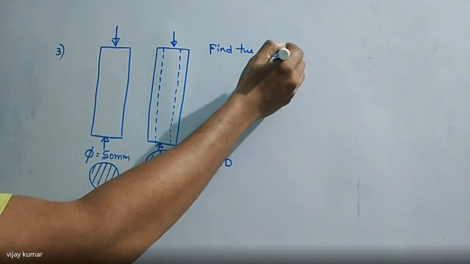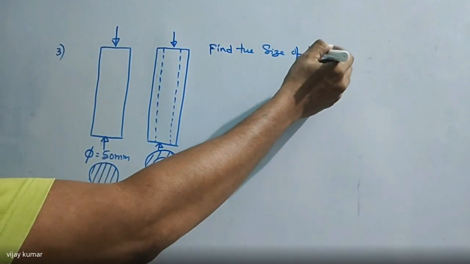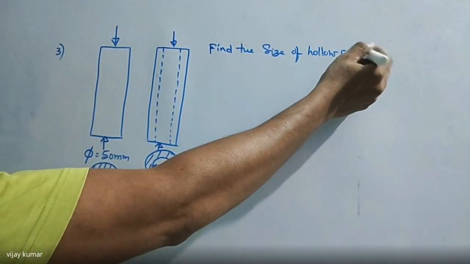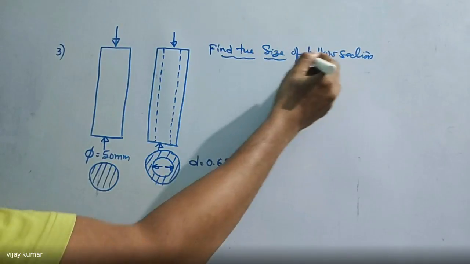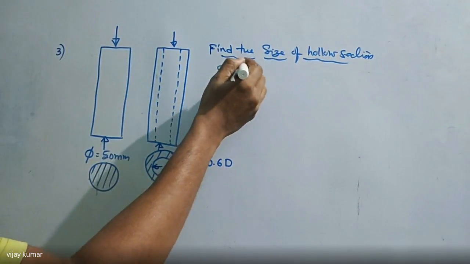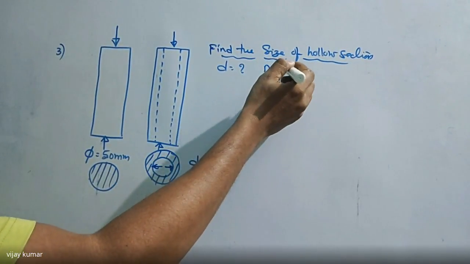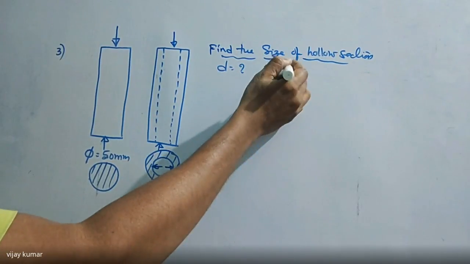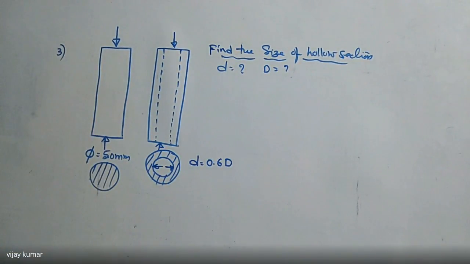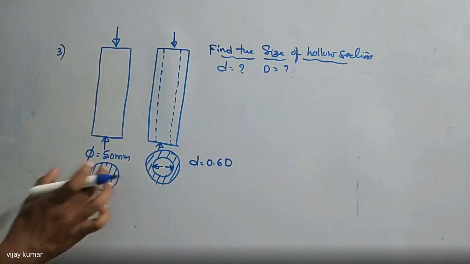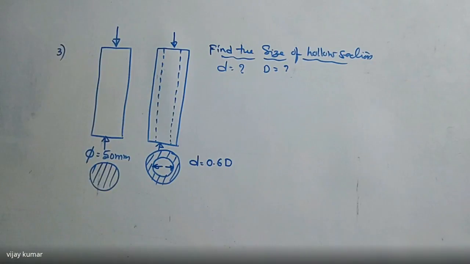Size of the hollow section means we have to find the small d value and the capital D value. Here the lengths are the same. Diameter given is 50 mm for the solid shape, and for the hollow we have to find it.